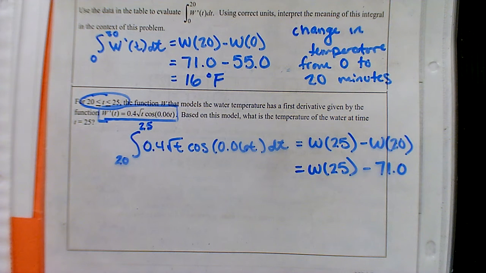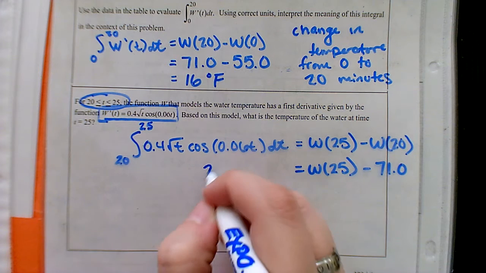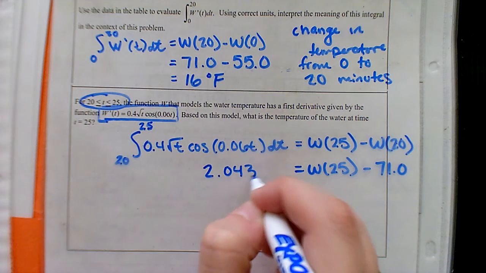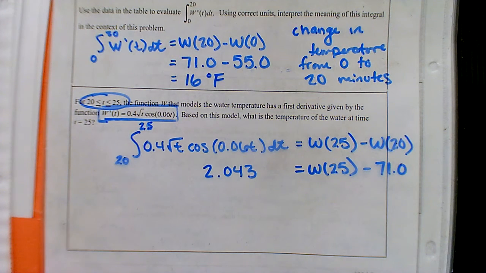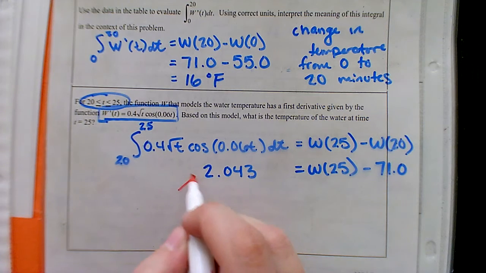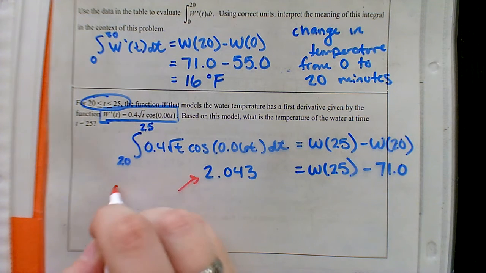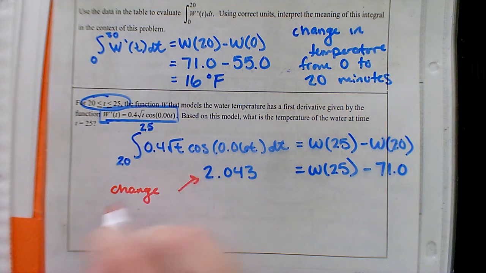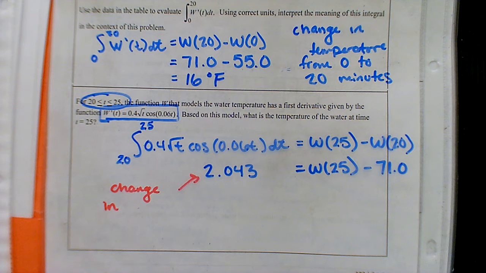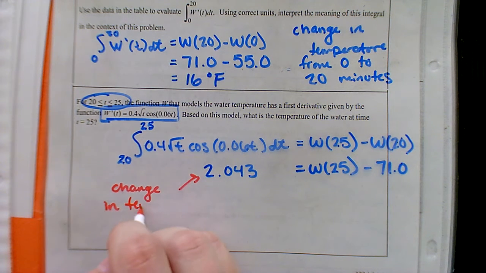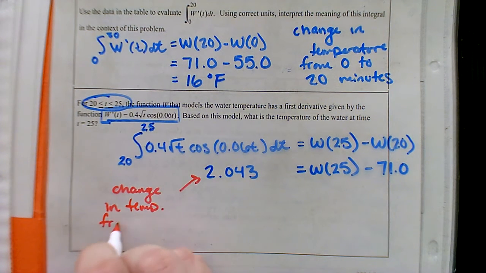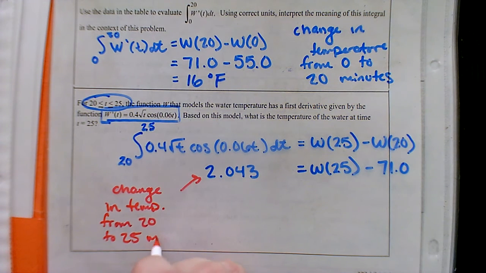Any takers? 2.043. I like it. What does that 2.043 represent? Change in what? What are we talking about for this problem? Change in temperature from 20 to 25 minutes.